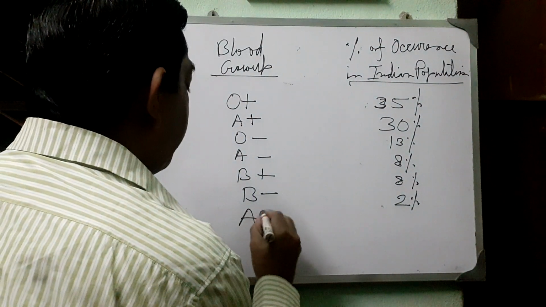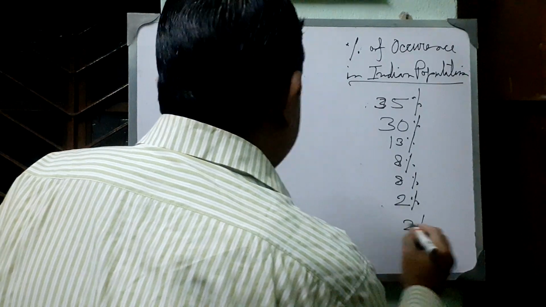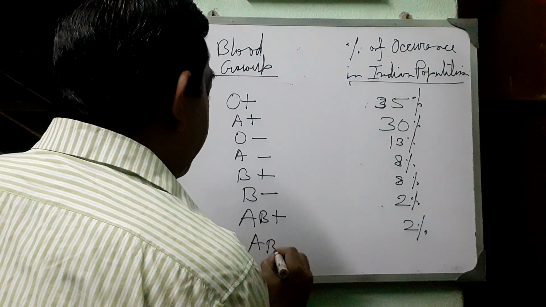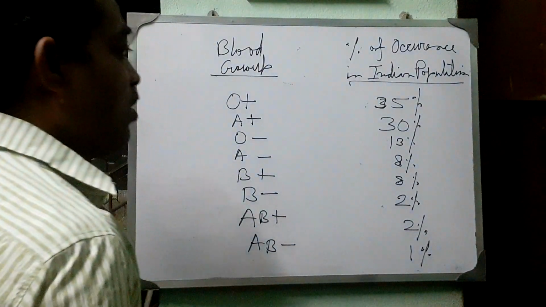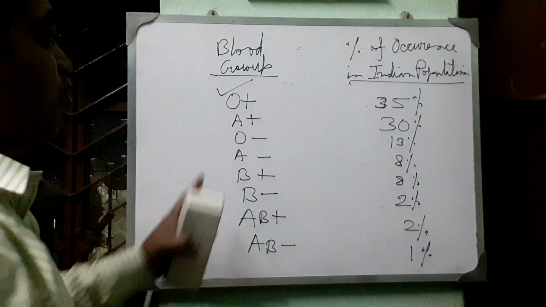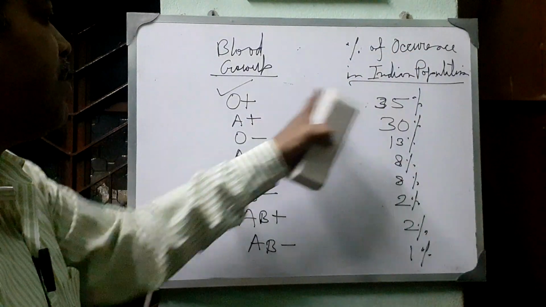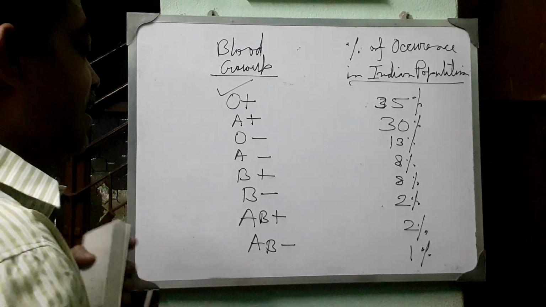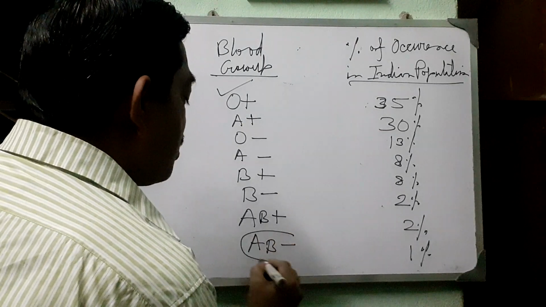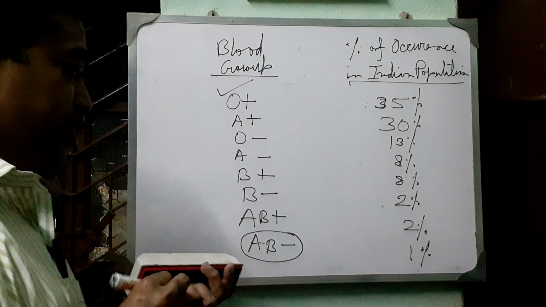AB positive is 2% of the population, and AB negative is 1% of the population. Now, the most abundant blood group in the Indian population is O positive at 35%, and AB negative is the least, the most rare blood group found in the Indian population.